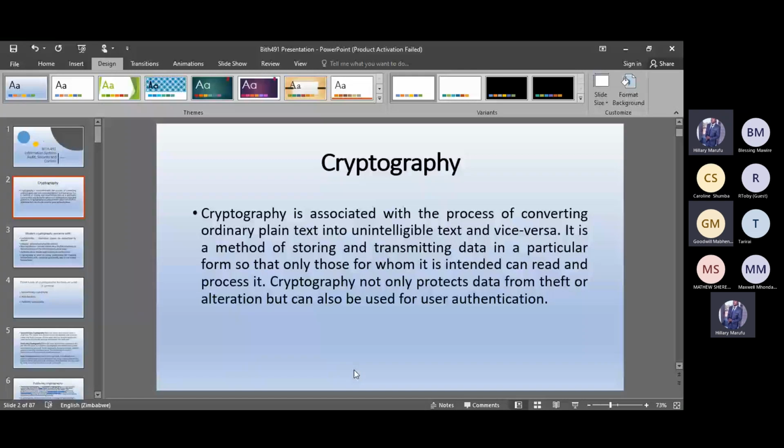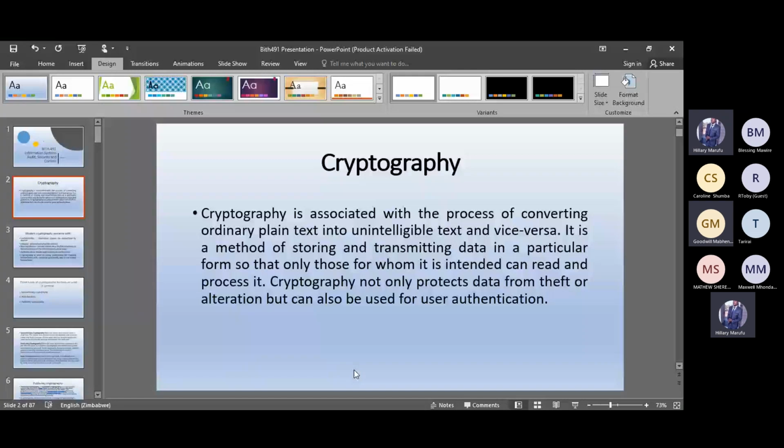It could be converted into numbers or letters or whichever the case. But at the end of the day, it's not supposed to be readable or understood by the naked eye without any prior manipulations to it.